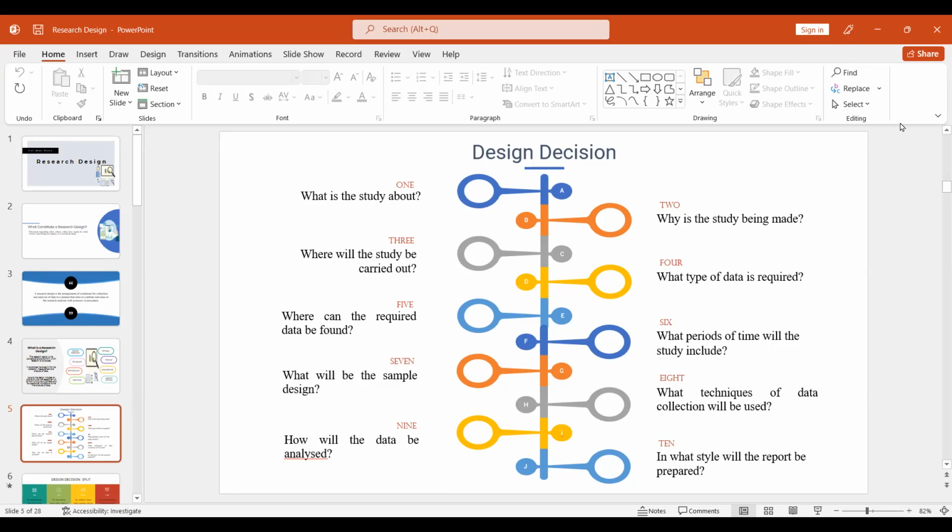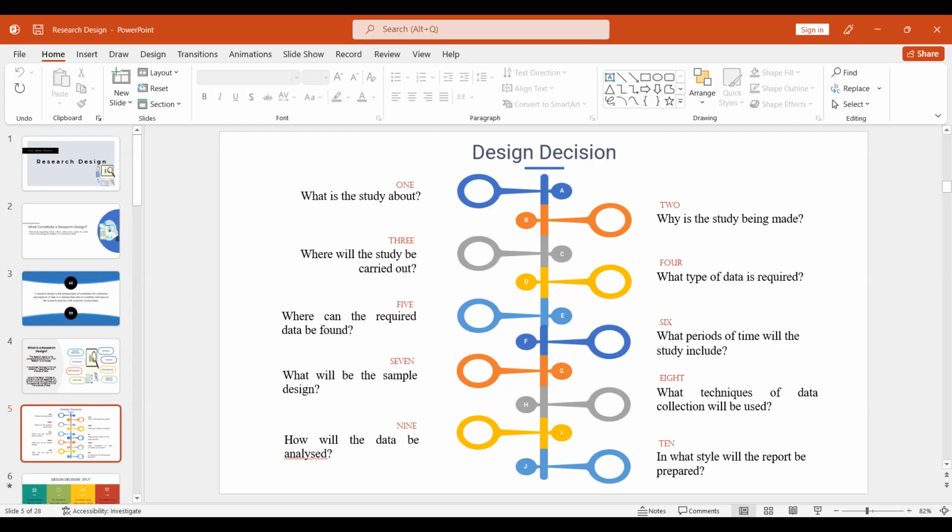The fourth question, which relates well with the design decision, is what type of data is required. Whether we need quantitative data, or qualitative data, or data following the mixed design approach.